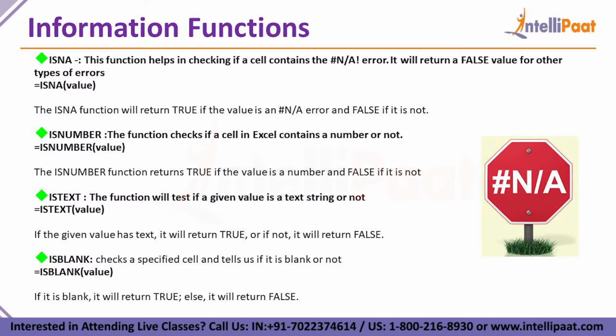Then there is ISTEXT, which similarly checks for text, and ISBLANK checks for a blank value. Let's see how these functions work, because explaining alone won't help you understand. So let's take a look.